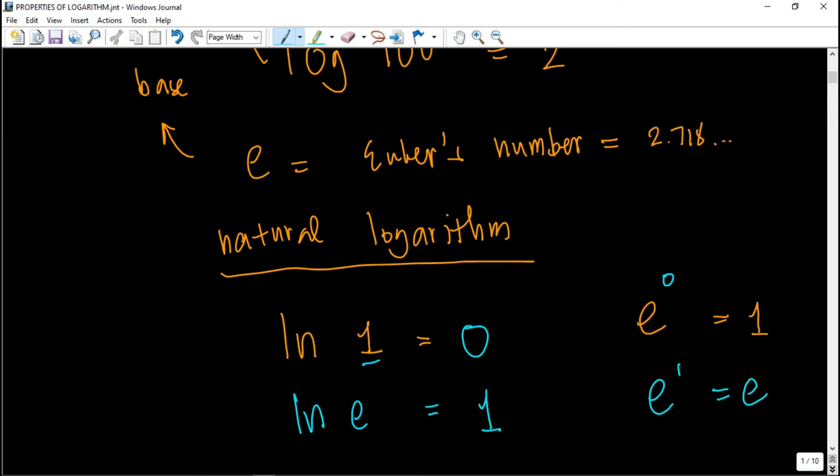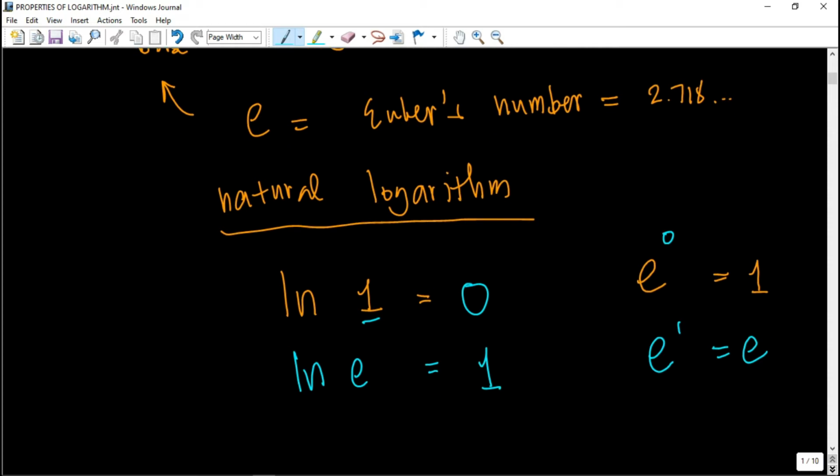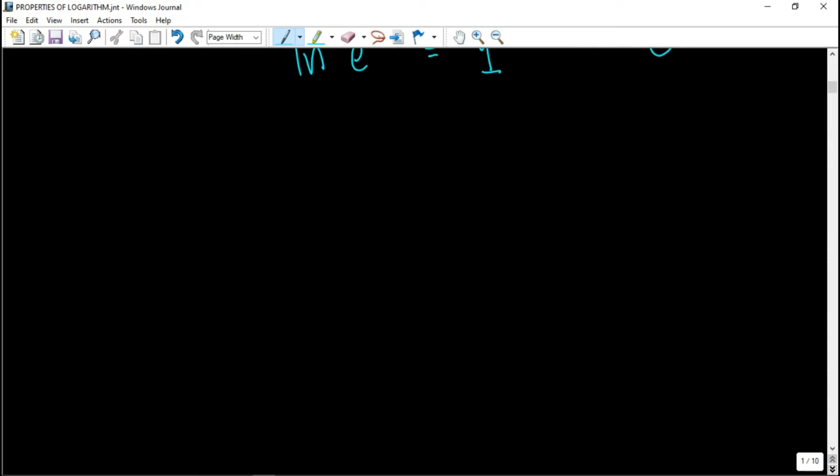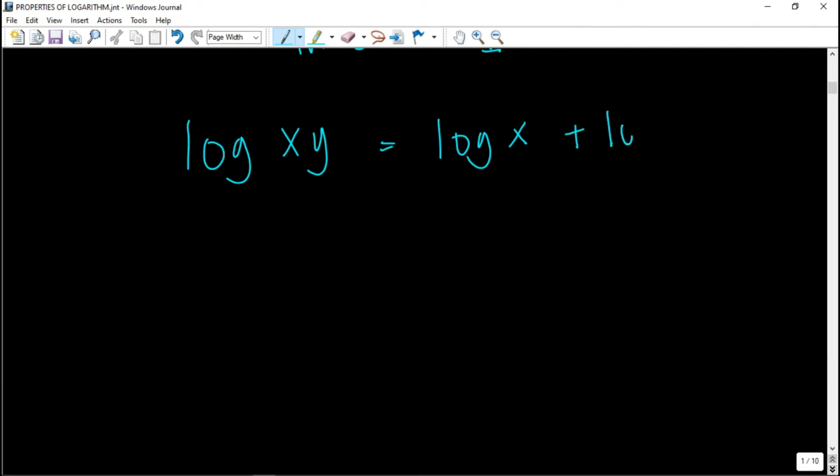Okay, let's proceed now to the properties of logarithm. As we have discussed in the concept, logarithm is just an exponent. So for example, we are multiplying a certain number with the same base, say base 10, and we have this argument xy. We all know that when we multiply the same base with different exponents, you just add those exponents.